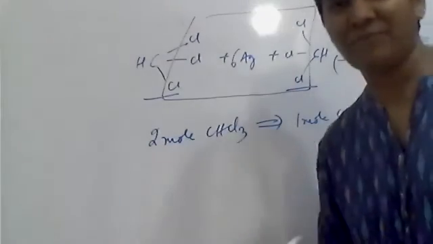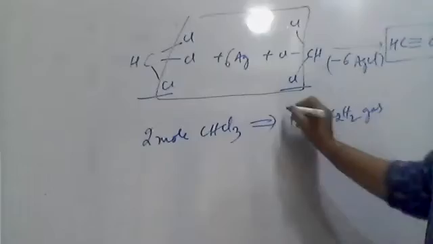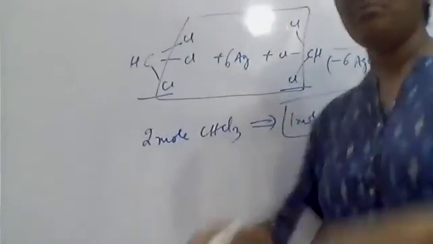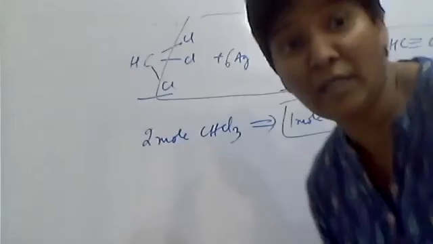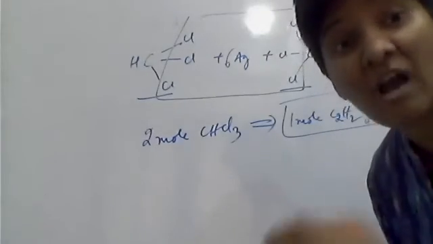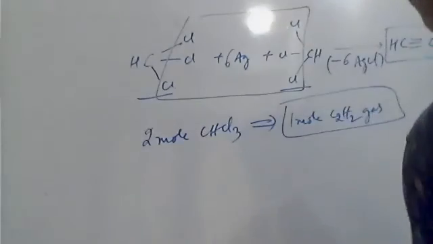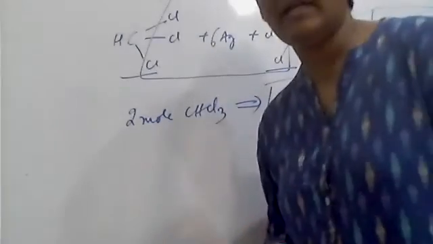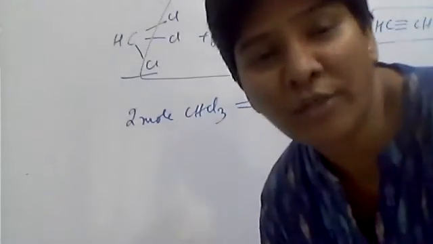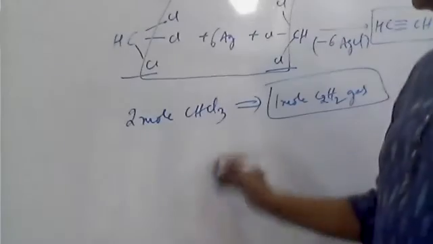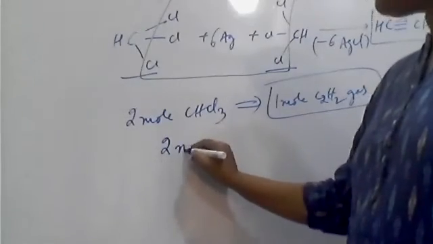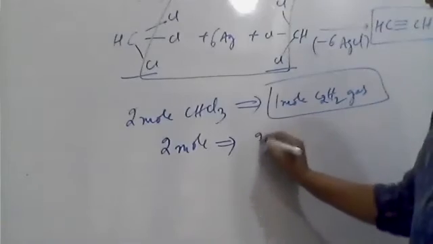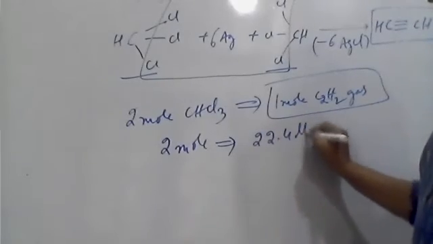Now at STP. What is the volume of 1 mole at STP? Because for chloroform, moles are given in the question, and for the gas released, volume is asked. Therefore, speak in terms of volume. At STP, for 1 mole, 22.4 liters. So 2 moles of chloroform gave at STP 22.4 liters.